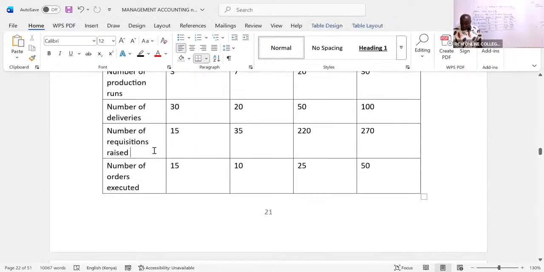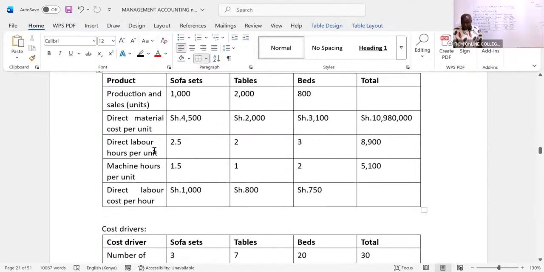If I page up, I'll be able to go to a table which is giving me their machine hours per unit. Whenever you hear that word per unit, you have to be very, very careful on ABC, otherwise you'll get an entire zero. For ABC, we want the machine hours for all the units that were produced.